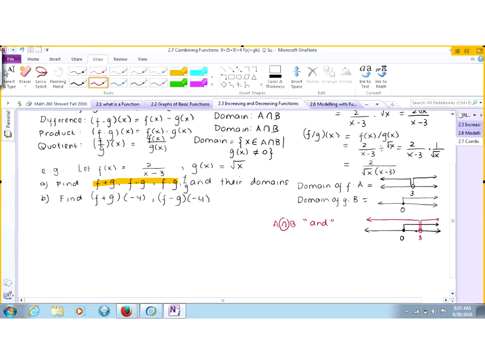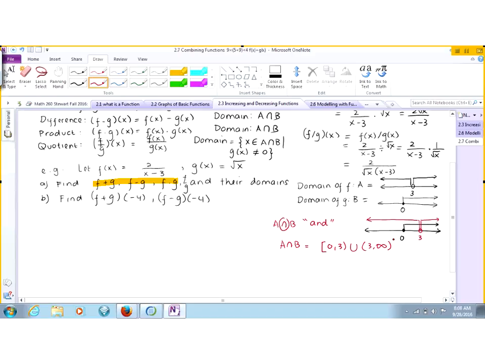So which points have two lines on top? 0 to 3, union, 3 to infinity. Yes. So let's write that down. So A intersection B is 0 to 3, union, 3 to infinity.